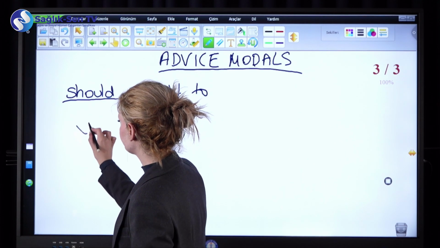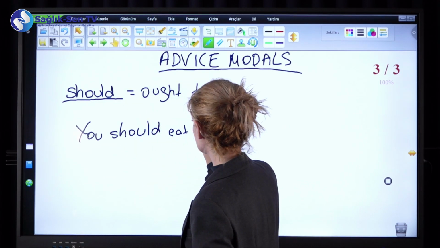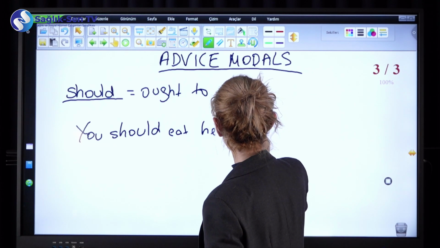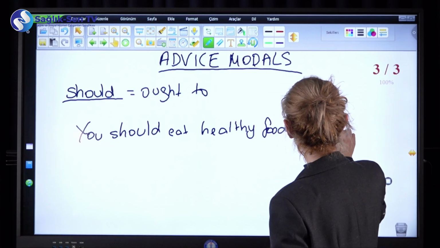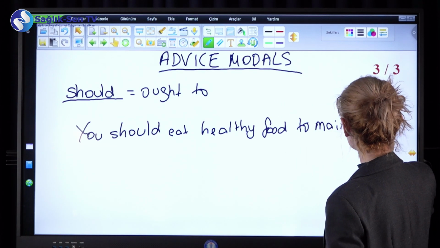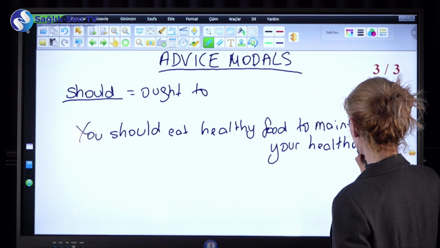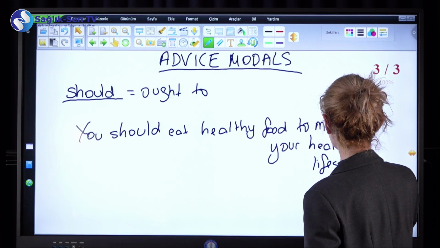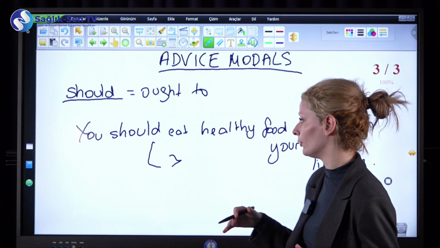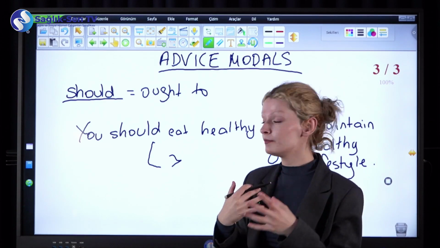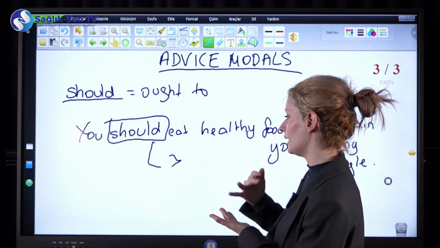I can say you should eat healthy food to maintain your healthy lifestyle. This is my opinion, this is my advice to you. It doesn't have a backup or a proof, but in my opinion, you should do this.